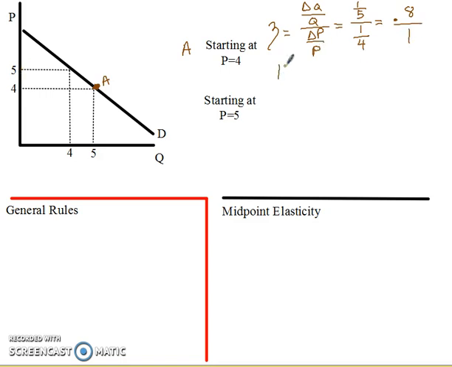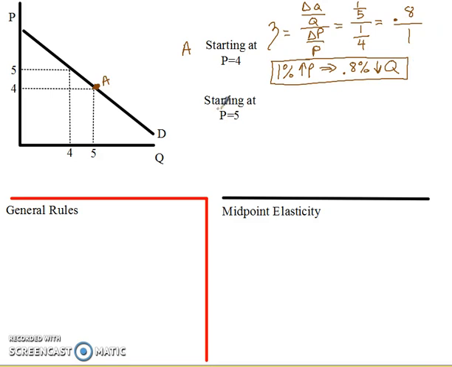So a 1% increase in price caused a 0.8%, that's the quantity in the numerator, a 0.8% decrease in quantity. Okay, so that was our interpretation of what this answer means. So we've got to calculate the answer and then write out the interpretation.